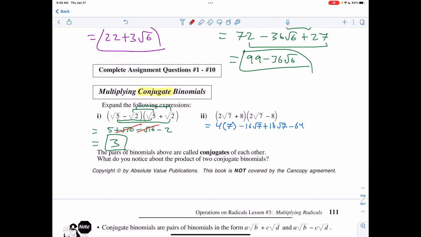And once again, with those conjugates, the two middle terms are the same, but with opposite signs, and they cancel each other out. And all I'm left with is 4 times 7 is 28 minus 64, or negative 36.